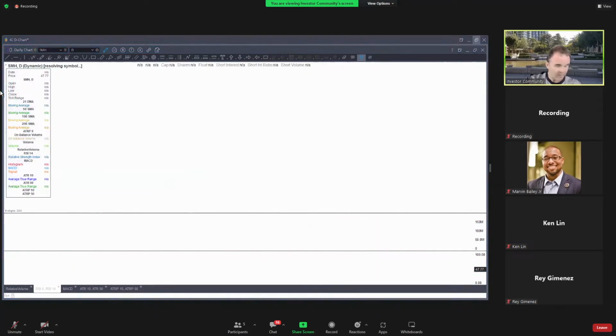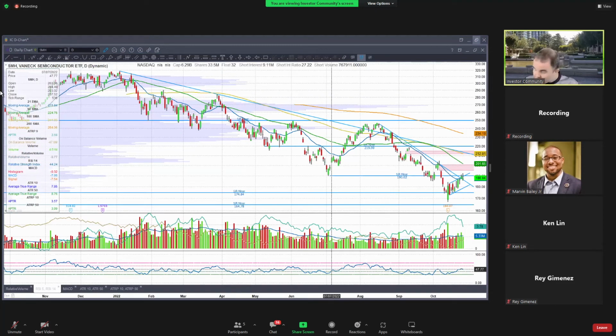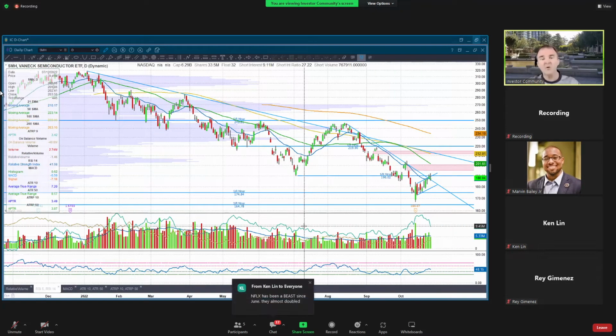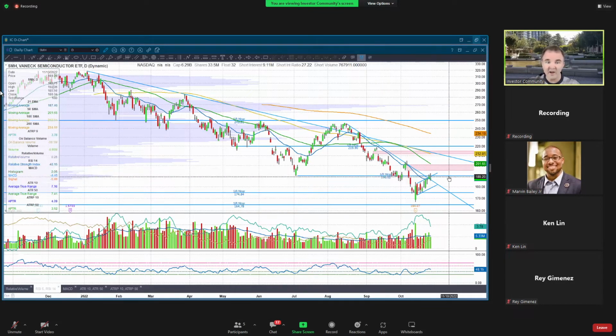All right, let's look at semiconductors. A disaster of a sector, but trying to climb up out of their hole. There's just so much going on politically with semiconductors. It's a tough one. But this is nice price action here, that we've stalled out here at resistance.